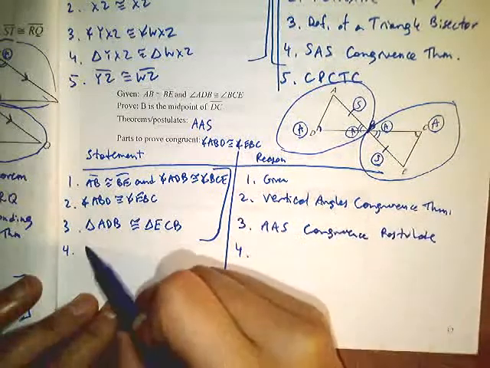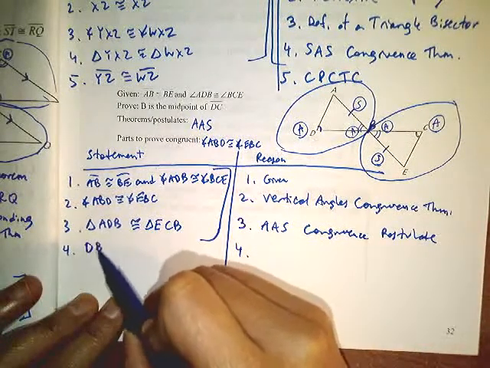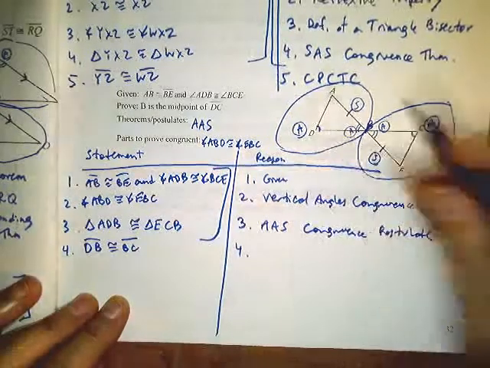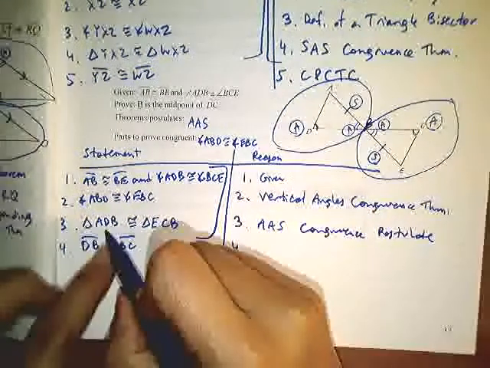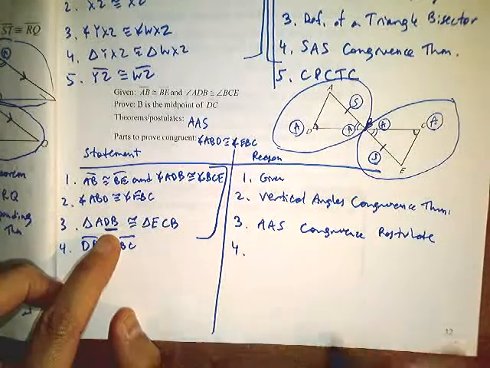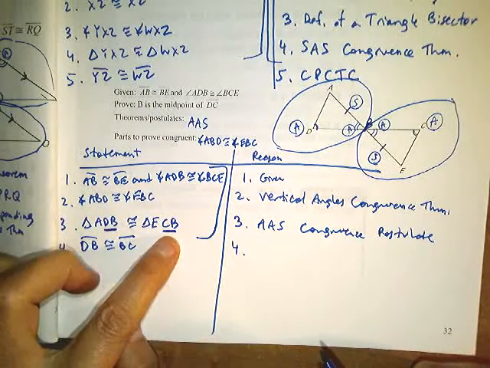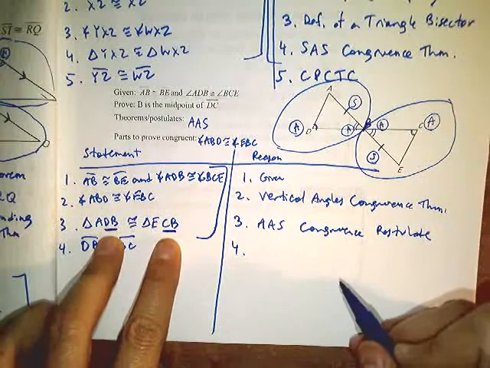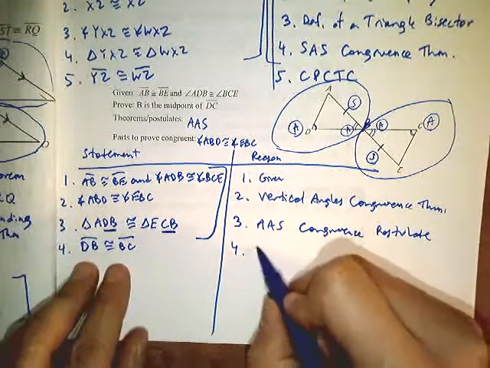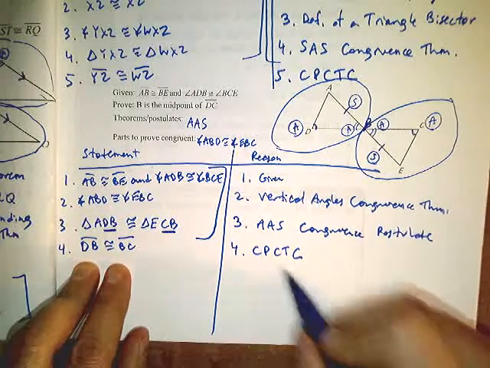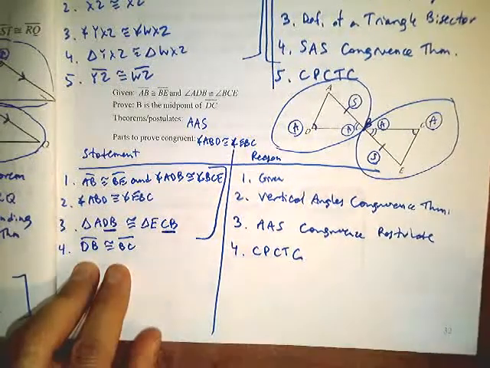So the next thing I can state is that DB has to be congruent to BC because on these two triangles, DB is a corresponding part with BC. And corresponding parts on congruent triangles are congruent.